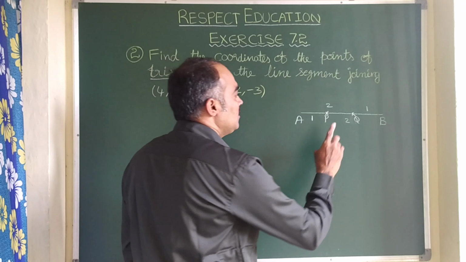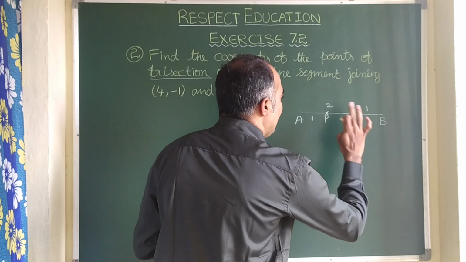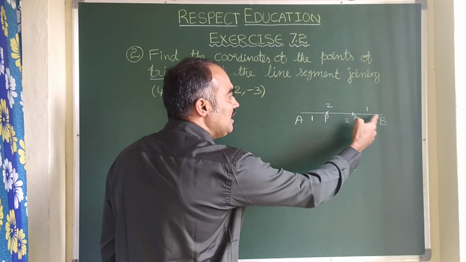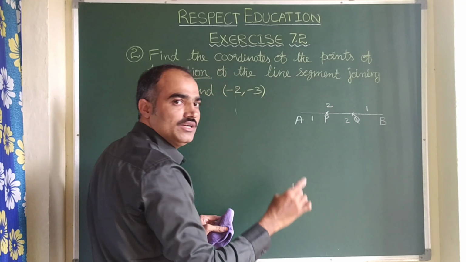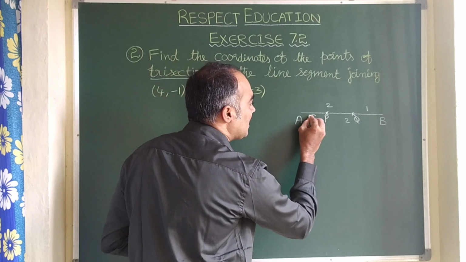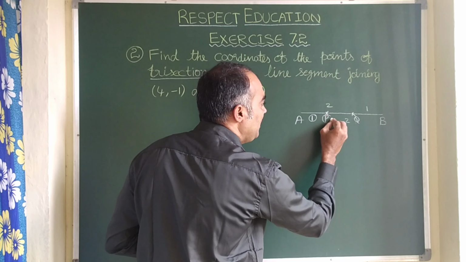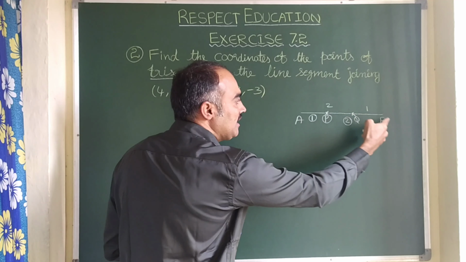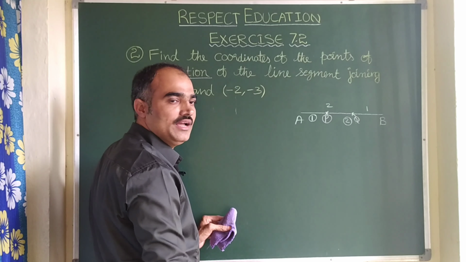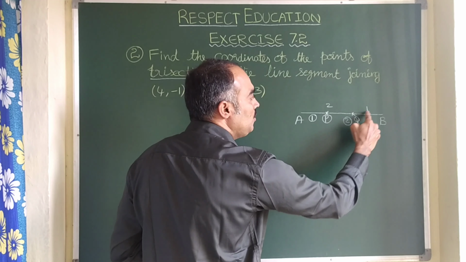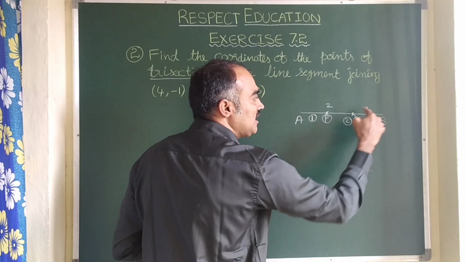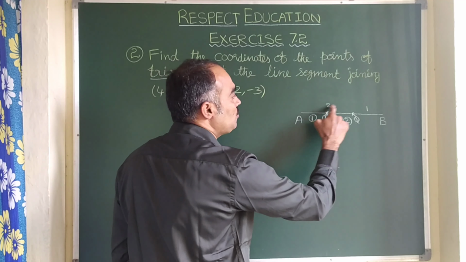Clear? So let us find 2 points. P divides AB internally in the ratio 1:2. To not get confused, here I rounded up 1, P and 2. Q, 1 and 2 I did not round up. That means Q divides the line segment AB internally in the ratio 2:1.